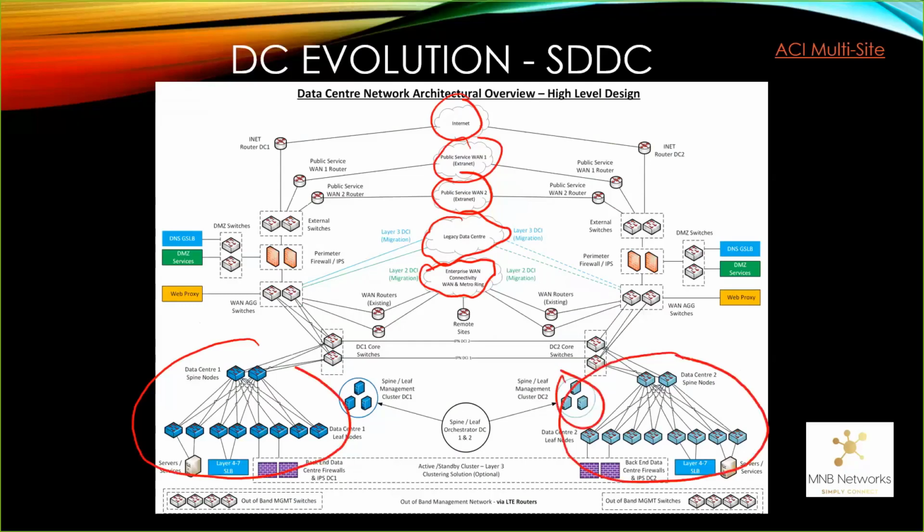In regards to ACI, you would have your APIC clusters, and then this is your orchestration tool, which would be multi-site orchestrator, for example. And then we have a whole load of other things like firewalls, load balancers, firewalls at both sites, out-of-band management switches, and all that kind of thing.